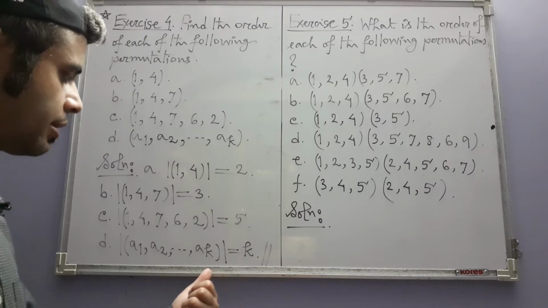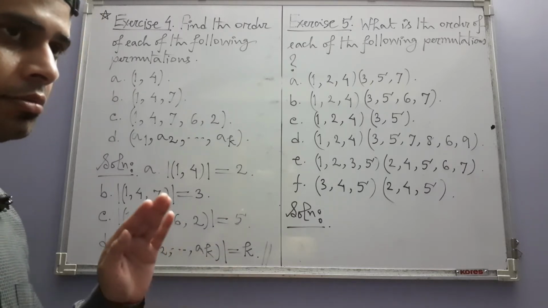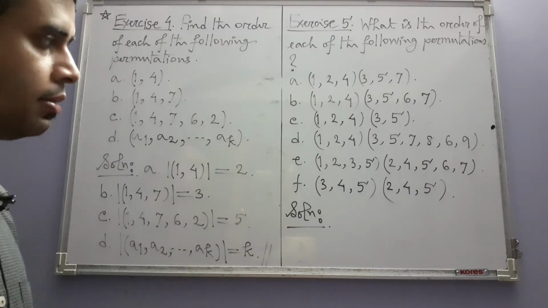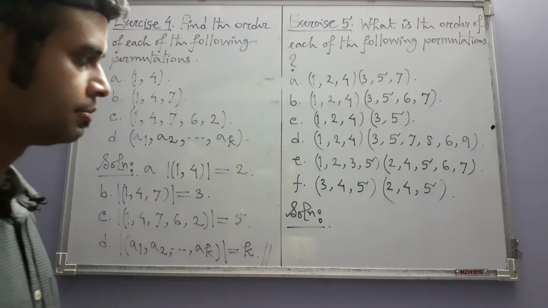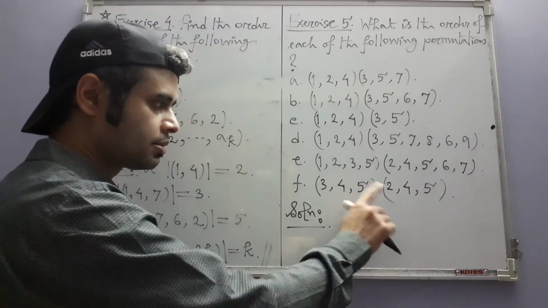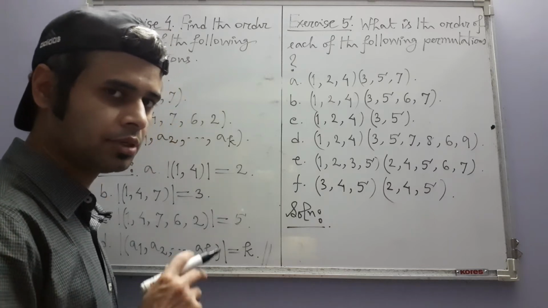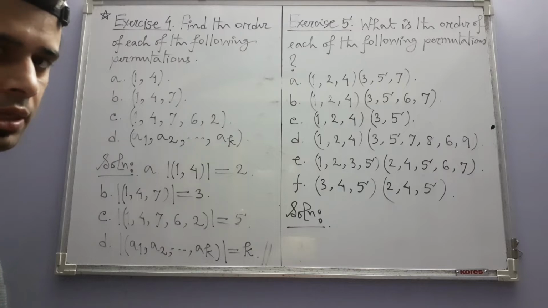And for each cycle we already know how to calculate the order, so it's just a simple matter, but we have to keep in mind that the cycles should be disjoint. In this last one you can see they are not disjoint, they have this common symbol 4, so we have to first express it as a product of disjoint cycles, and then we have to apply that theory.